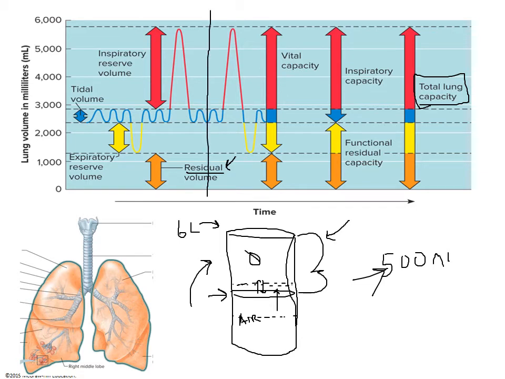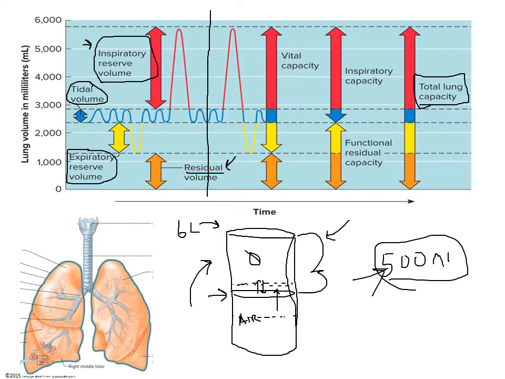So if we look at things and we divide it here, we've got four. We have tidal volume, which is normal breathing, and you do need to know that it is 500 milliliters. Then I have inspiratory reserve, a little pocket of free space so I can breathe in more than normal. And as you can see, it's not just a little pocket, it's about half of the lung.